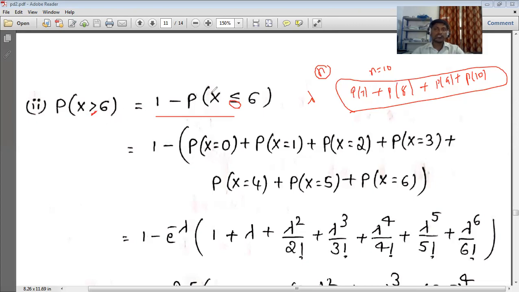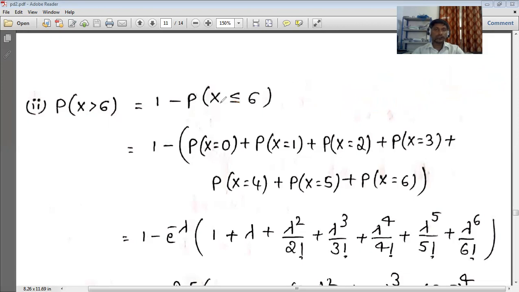So for that we can write 1 minus P of x less than or equal to 6. It means P of x equal to 6, which we wrote here, and less than 6. Less than 6 means what we'll get? 0, 1, 2, 3, 4 and 5.